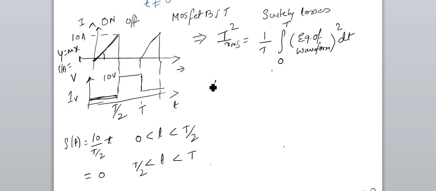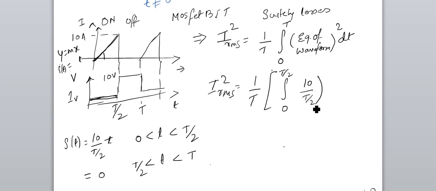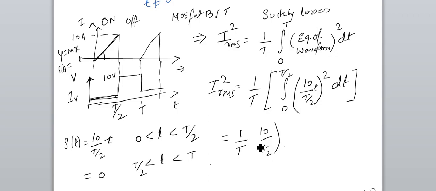Now here, IRMS square is equal to 1 upon time period, integration 0 to t by 2. I'm not taking the rest, from t by 2 to t, because that's 0. The equation of the waveform will be 10 upon t by 2 into t, and there will be the square, and dt. So I'm taking out 10 upon t by 2 outside, and that is squared, into t square.